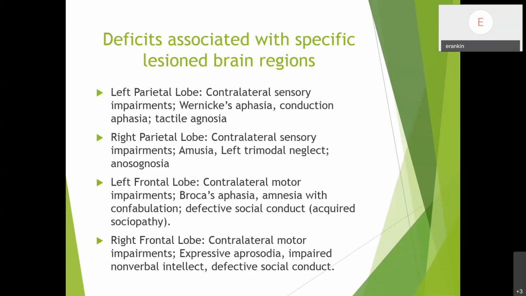Trimodal neglect is an attention phenomenon that is associated with right parietal lobe injuries, where a person can perceive things in their world, but they tend not to pay attention to things on that side of the world. And this can lead to some pretty significant problems, particularly if a person has what's called left visual neglect, where they can see, but if there's competing stimuli, the person is not paying attention to stuff on the left.